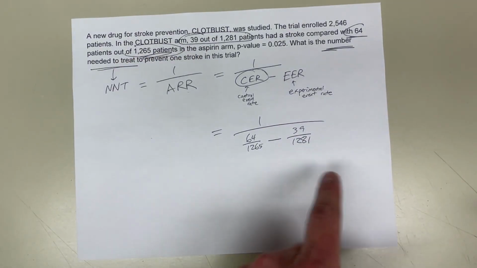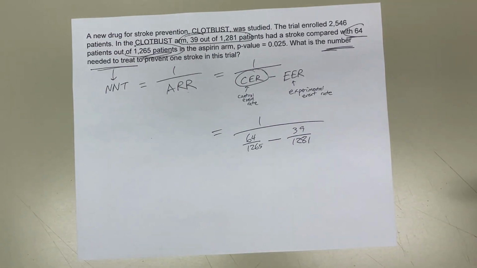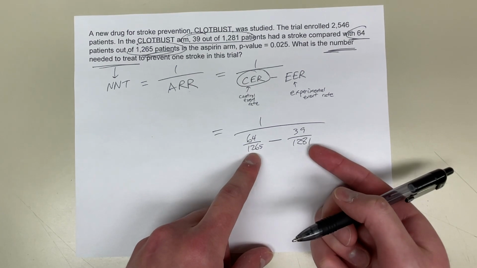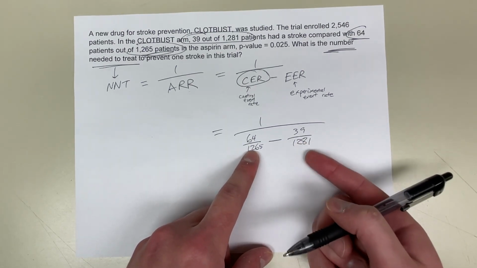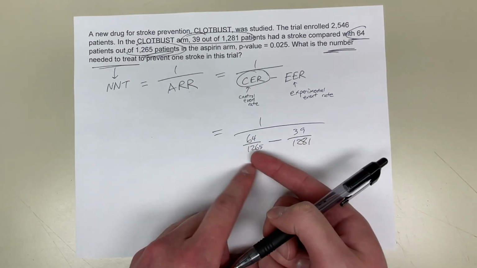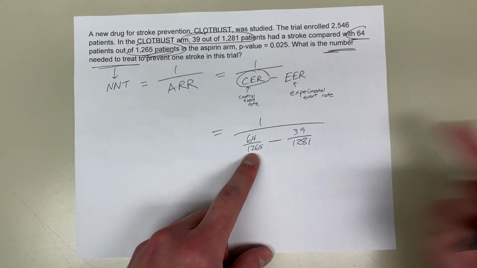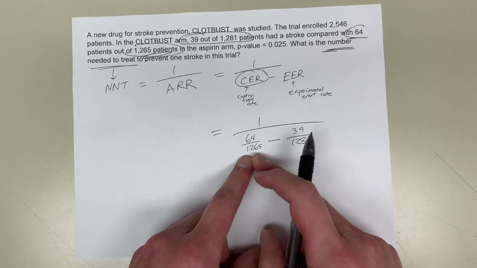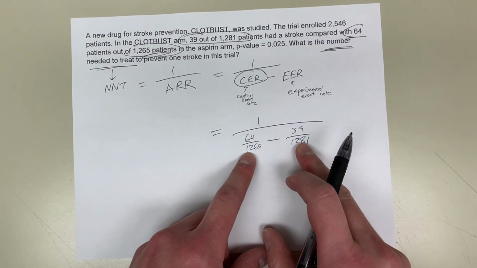So these are always decimal places. And if you don't know which one is which, it doesn't matter, because your number needed to treat is not going to be a negative answer. If you had accidentally switched these two numbers, your final answer would just come out negative. And obviously, the number needed to treat is the number of people that you need to treat. It can't be a negative number. So just take the bigger decimal minus the smaller decimal.